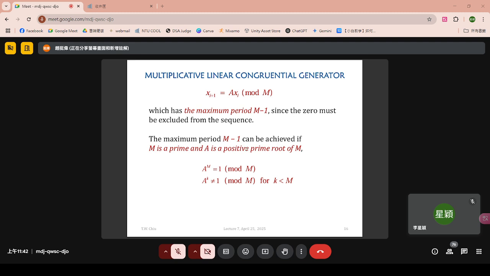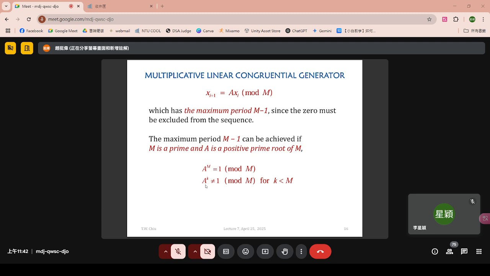The maximum period can be achieved if m is a prime number and a is a primitive root of m. That means a to the power m-1 equals 1 modulo m, and it only repeats when you multiply by a m-1 times.